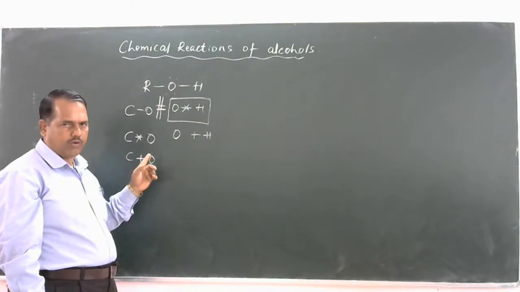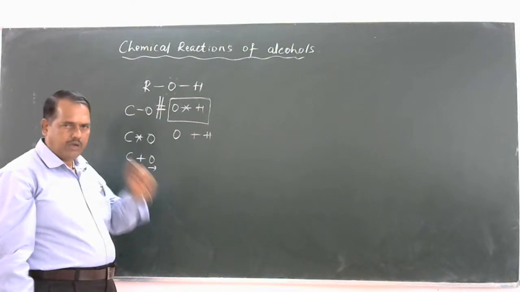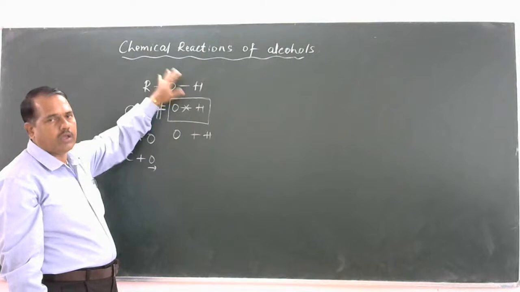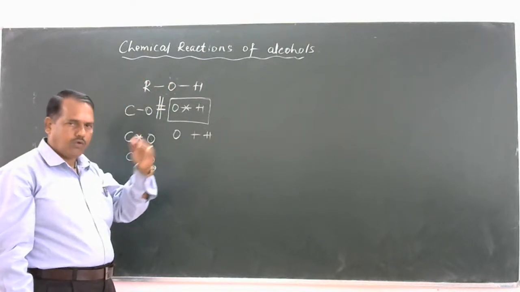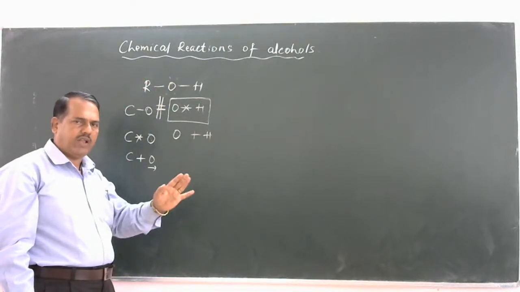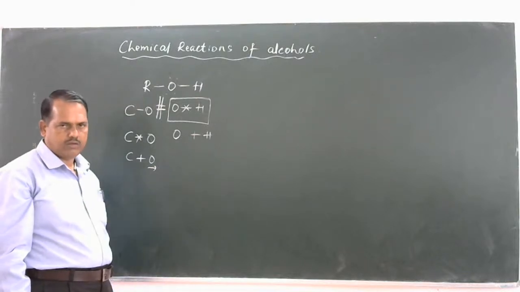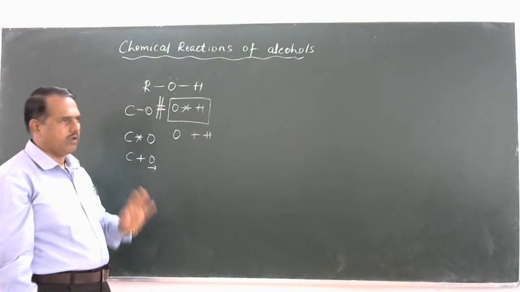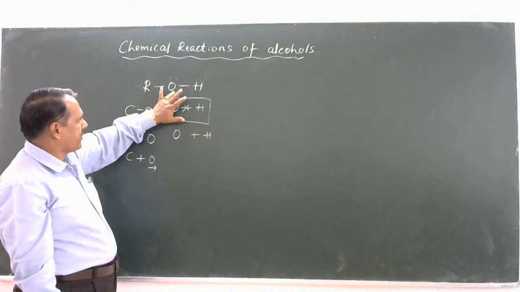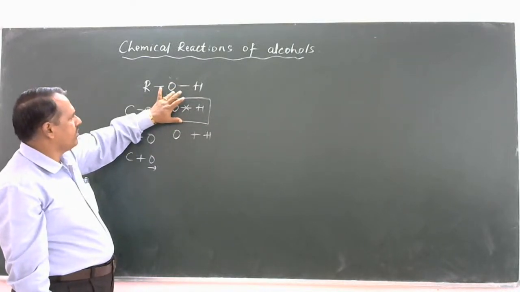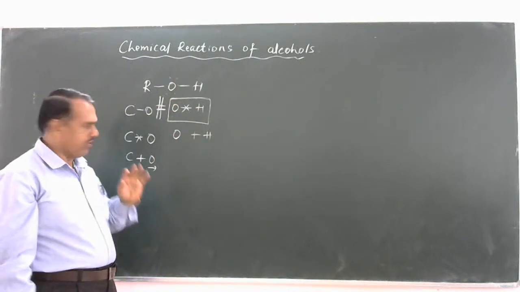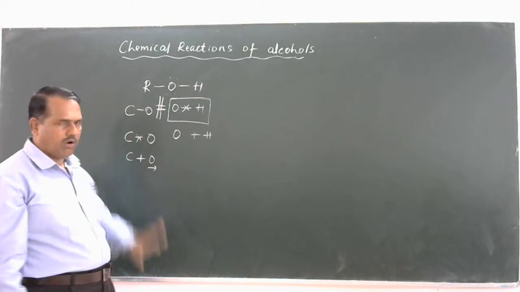Most important point here: alcohols can act as a nucleophile as well as an electrophile in chemical reactions. Are you clear? So, two types of reactions: breaking of the oxygen to hydrogen bond, and breaking of the carbon to oxygen bond.